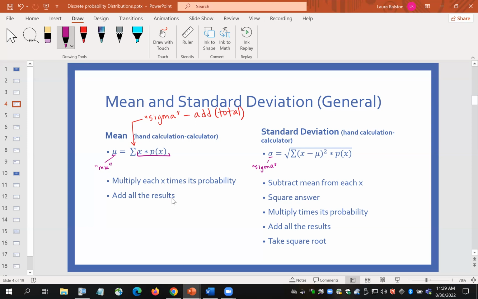I wrote it out again: you subtract the mean from each x, square your answer, multiply that times its probability, and then you add all the results. Once you get them all added up, you take the square root. We're going to do that, but I'm going ahead and giving you the formulas here. Again, you're going to have to do this by hand using a calculator.